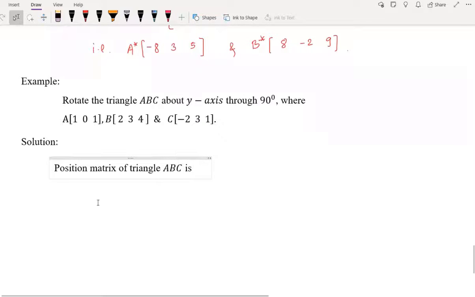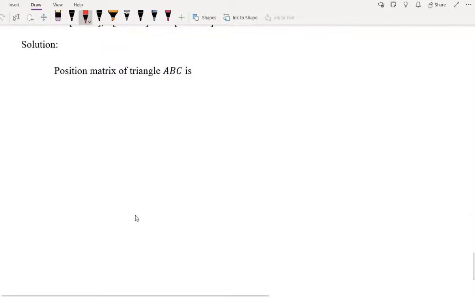Position matrix is generally denoted by X. So X is equal to, write the vertices of the triangle ABC, that is A, B, and then C, and write their coordinates.